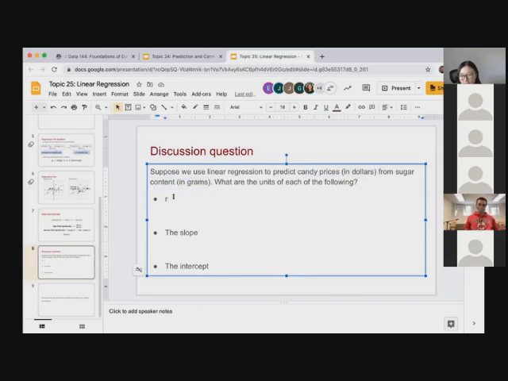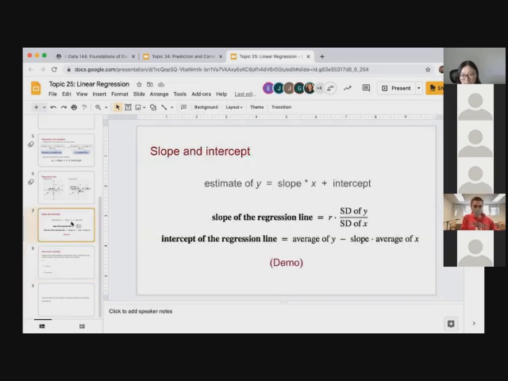We're asked the units of each of the following: R, the slope, and the intercept. As Sha was saying, it's important to come back to how the slope is expressed, and how the intercept is expressed, and then R.